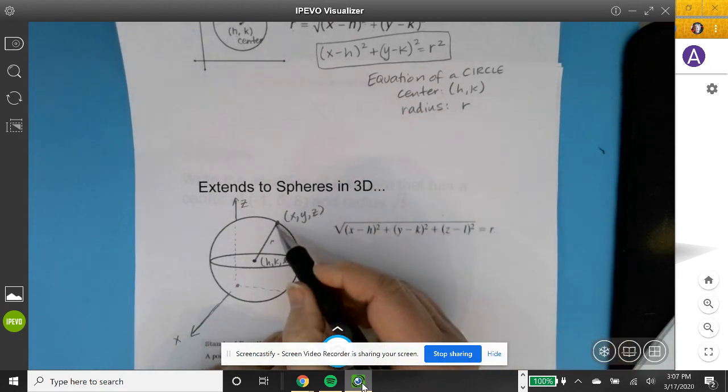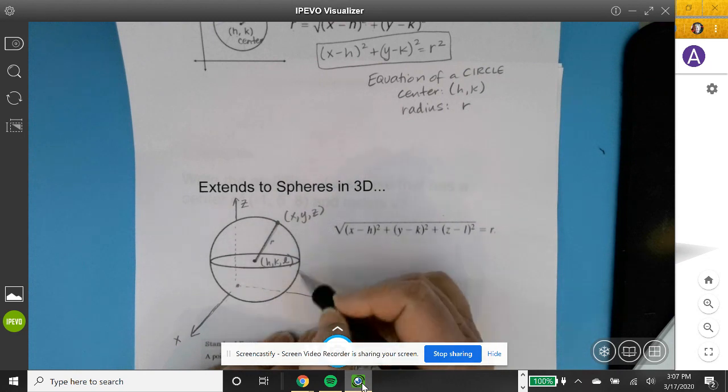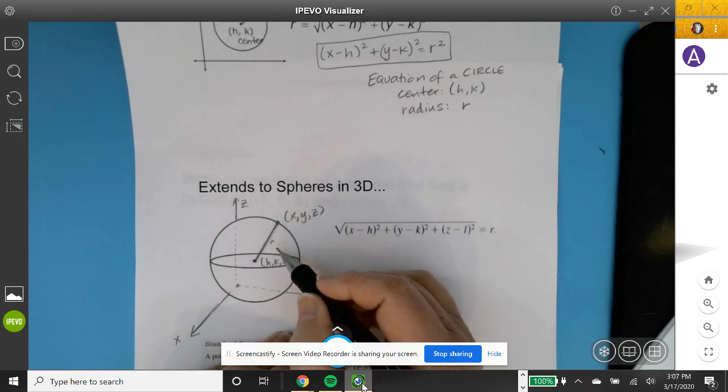All right, so if I want to find the distance between the center and a point on the outside of the sphere, all we do is use the distance formula.